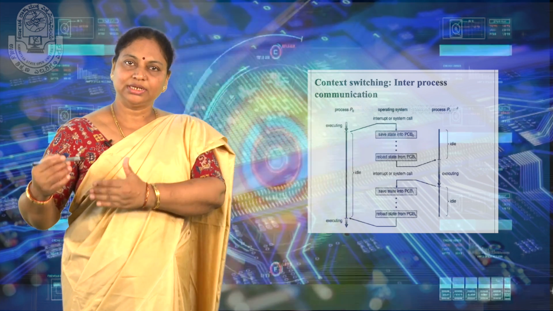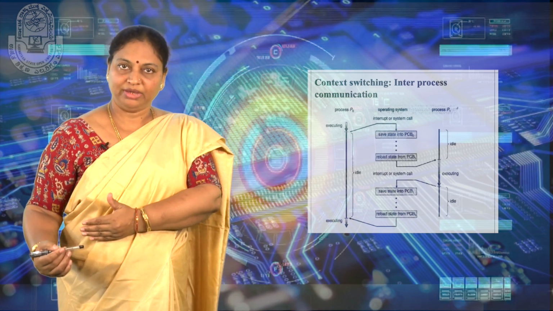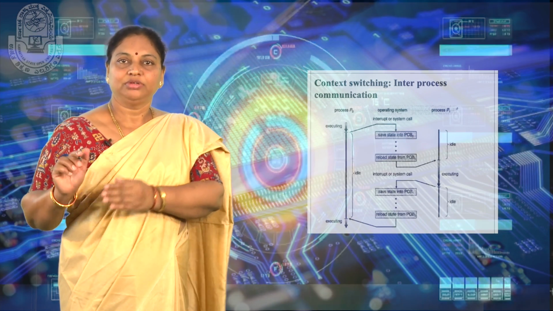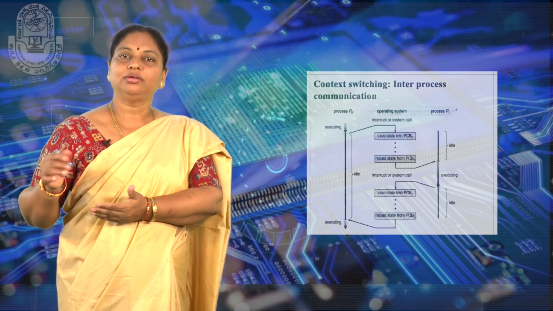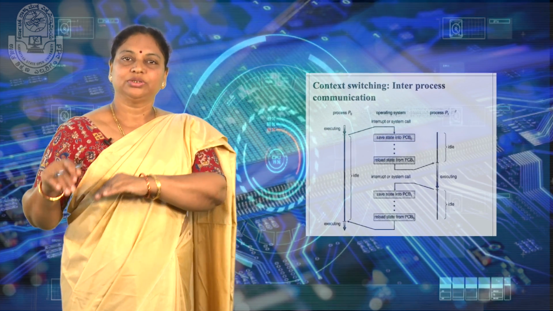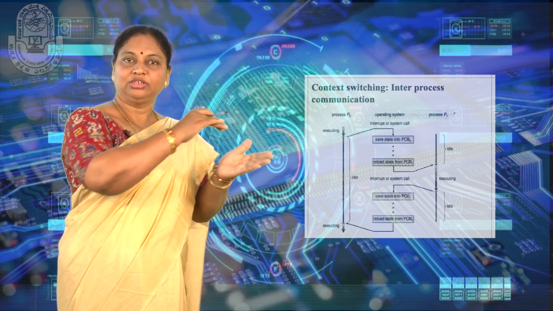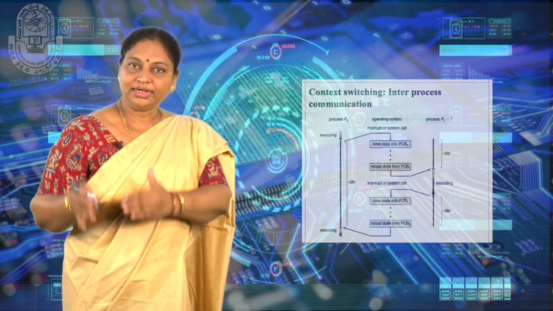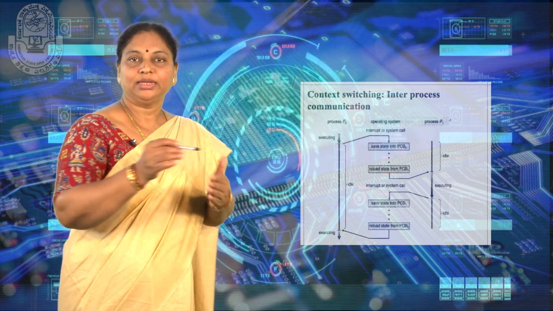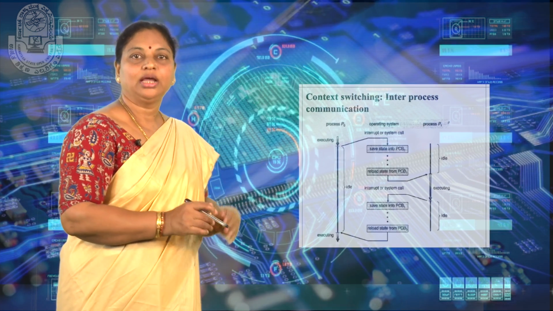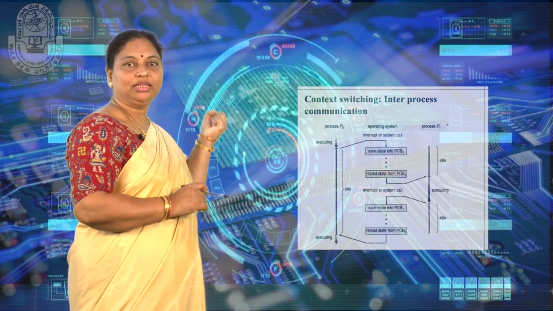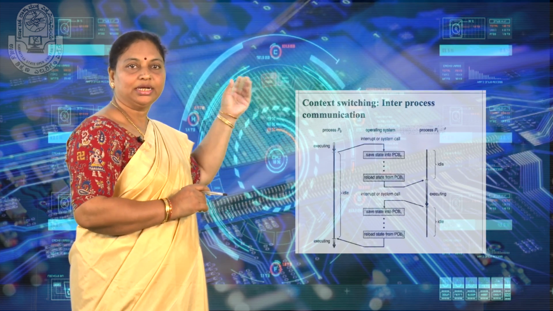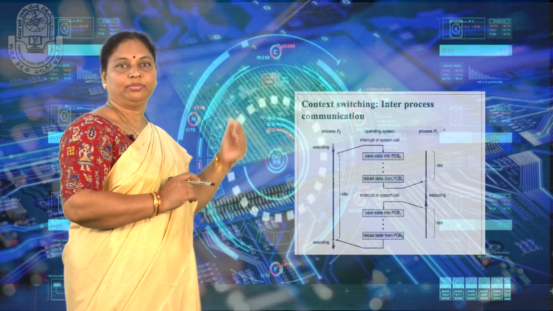And say after certain instructions of execution, P1 will be in some wait state. It may be waiting for some I/O or for some event to occur. So again the CPU will switch to P0 by saving the current status of P1 in the PCB of P1, and then getting back the information from the PCB of P0 and resuming the execution of P0.